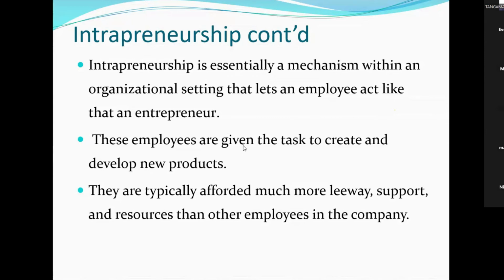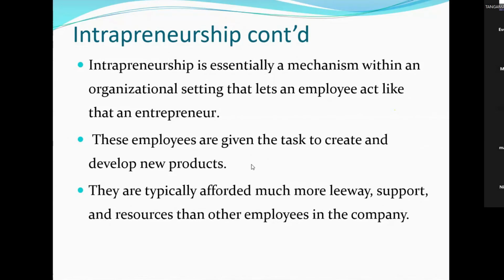They are typically afforded much more leeway, support, and resources than other employees in the company. So we have some differences between entrepreneurship and intrapreneurship.